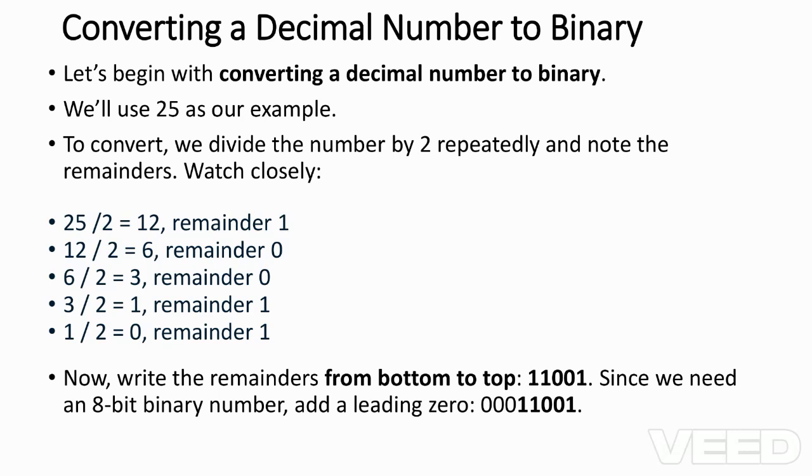So for the 8-bit binary number, we have to pad it with zeros to make it 8. So 1, 2, 3, 4, 5. We add three zeros, and so in 8 bits we have 00011001. Any question? Let's continue.